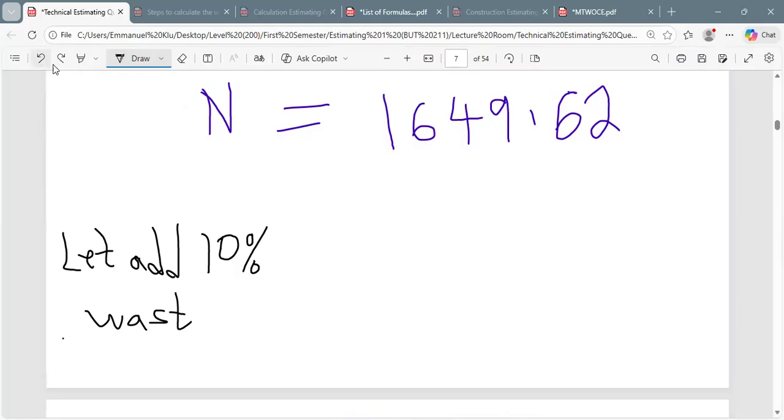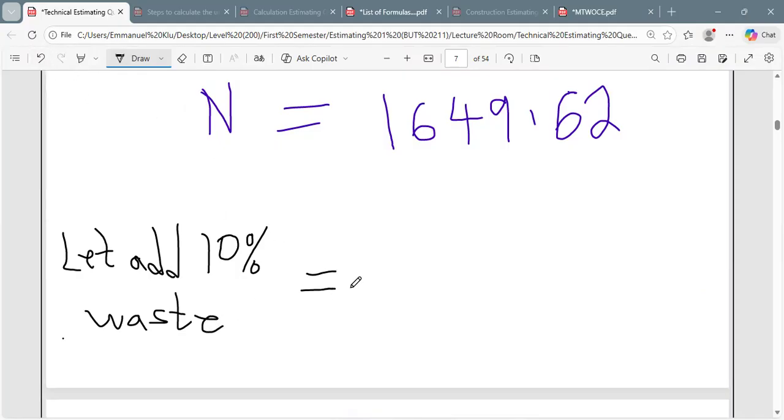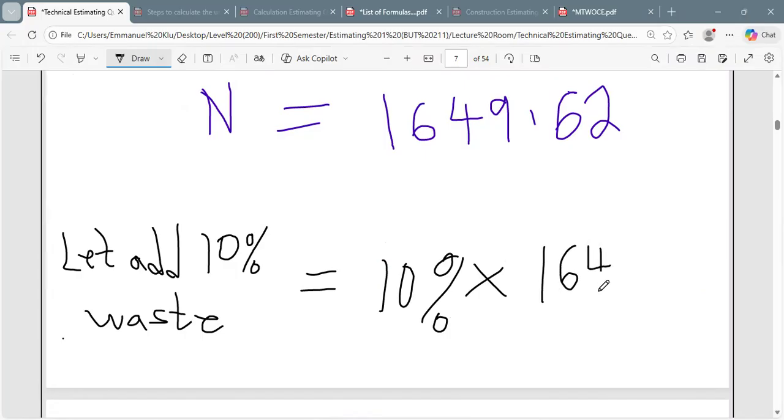So we also add 10% waste. So let's say 10% of this value times 1649.62.